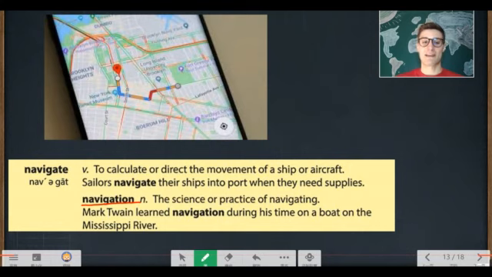So that's the application you'll need, the app. Google Maps. That is what you'll need for navigation. Mark Twain learned navigation during his time on a boat on the Mississippi River. So navigation is the name of the science or practice of navigating.